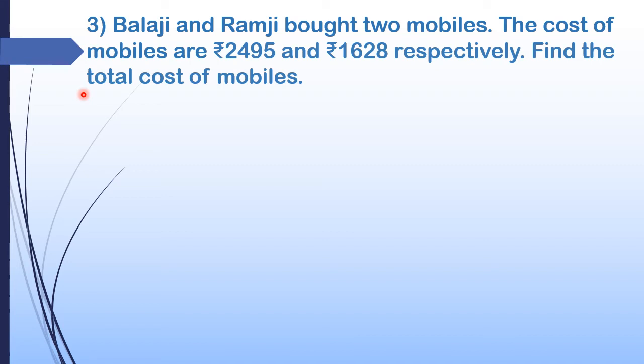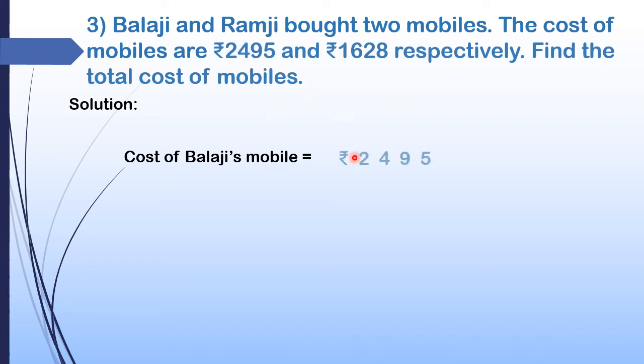Okay. So solution. Solution is nothing but another word for answer. Answer is also called a solution. So cost of Balaji's mobile. What is the cost of Balaji's mobile here? Rupees 2495. Then cost of Ramji's mobile.